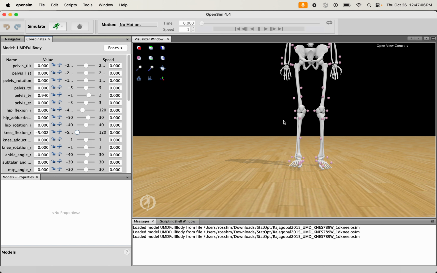The alternative here, at least in some modeling workflows, would be to not couple those motions and just define knee adduction as an independent motion from knee flexion, similar to how hip adduction is an independent motion from hip flexion. Okay.